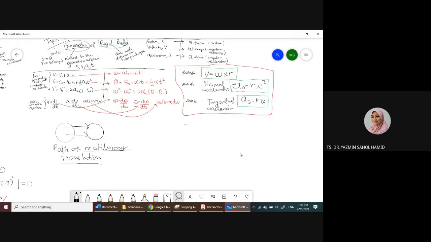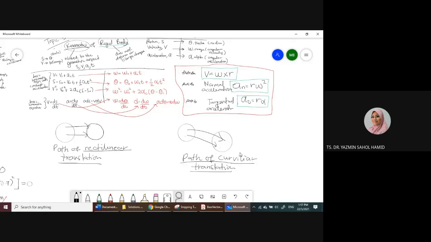A rigid body can also move curvilinear. It can also move in a curvilinear form. So this path is what you call path of curvilinear translation. It means it translates from this position to this other position but in a curvilinear way.